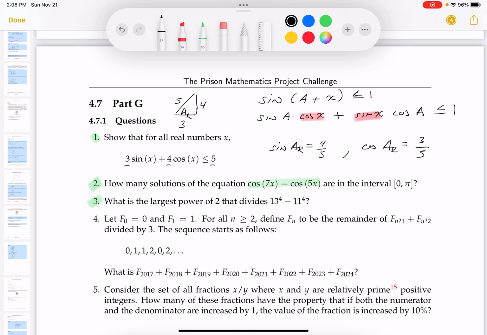Takes a little time to think through this, I'll be honest with you. So 3/5 sine X, well, you know, there's possibilities over here. I hate to say this, but you realize I'm talking about A's could be anywhere in the universe. So I got to really think here carefully.